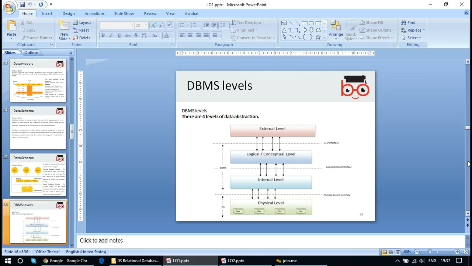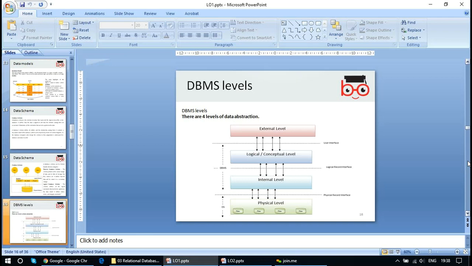So whenever you are talking about the database levels, and somebody gives you the triggers about the physical schema, then you are going inside the computer. And when they talk about the logical schema, then you come up into the entity relationship diagrams.